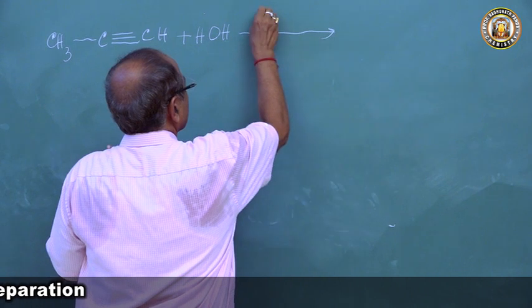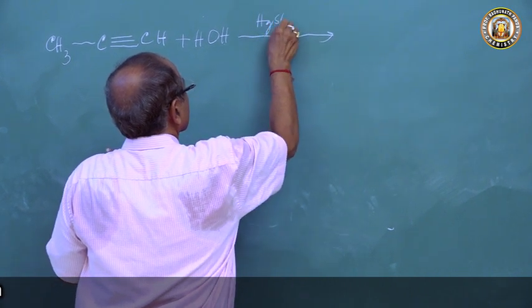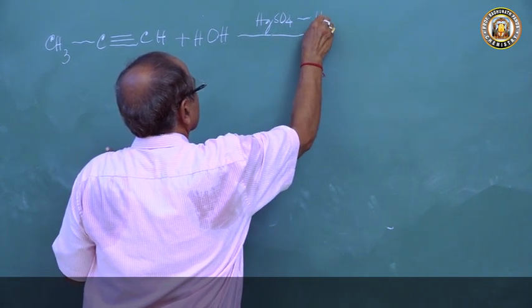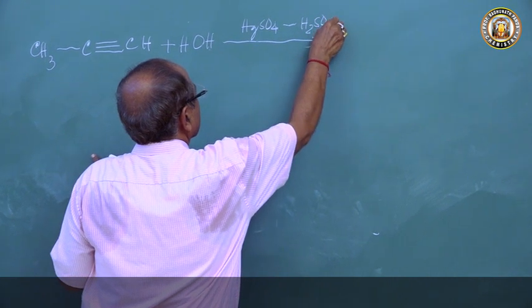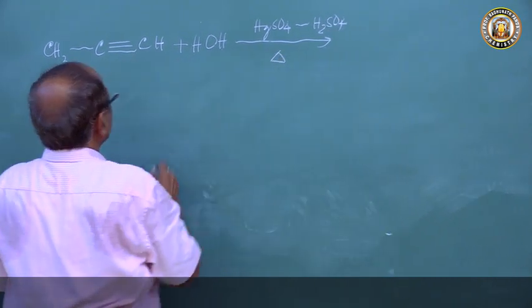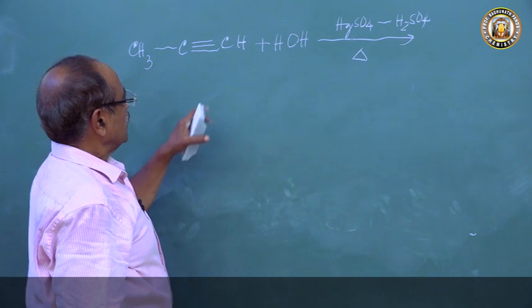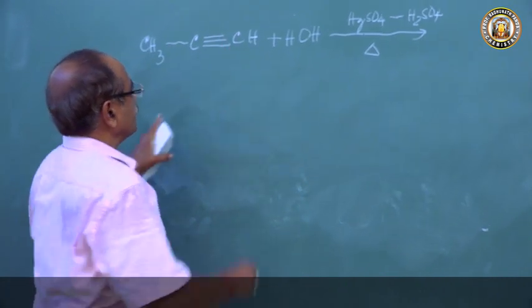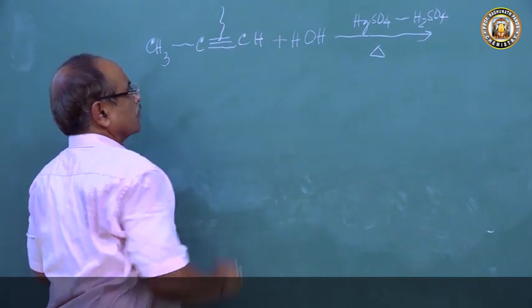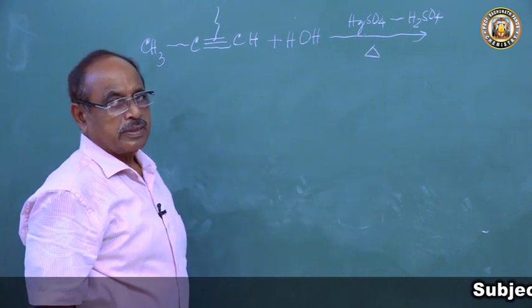So this is mercuric sulfate and sulfuric acid, heat. So now this bond will break. So this goes by the Markovnikov rule.